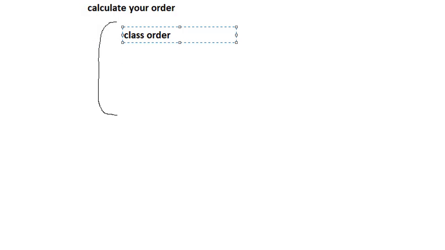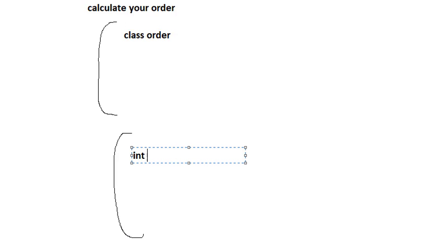Now that we have got our class order, we're going to create another, which is going to be named int main, with open and close braces. That's what we're going to do in here. I'm just going to expand this so that you can get an idea of how things work.